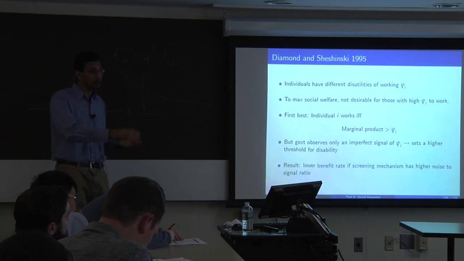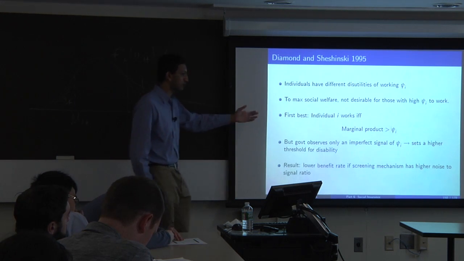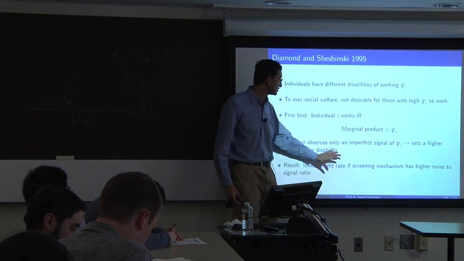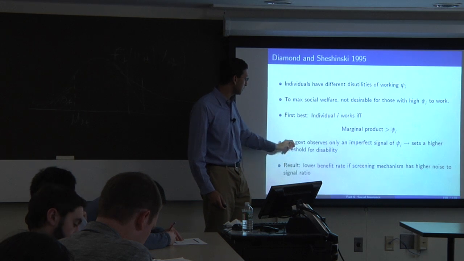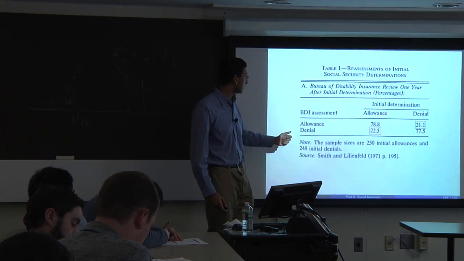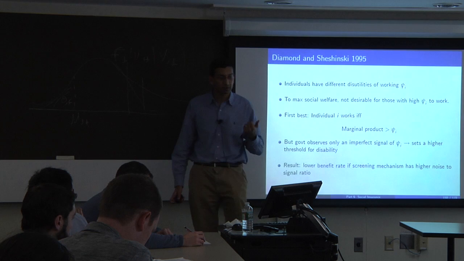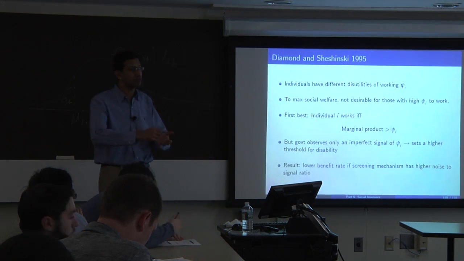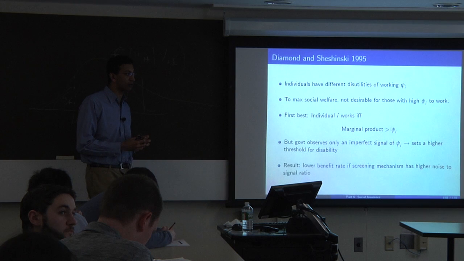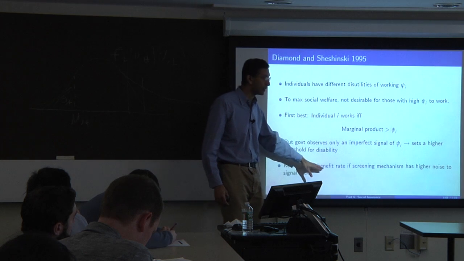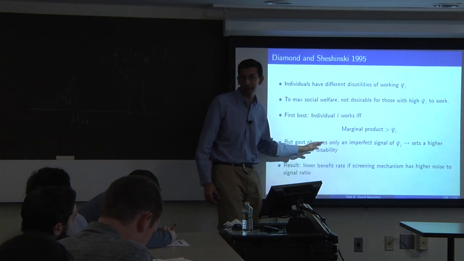And you can see that if you can perfectly figure out who's disabled and who's not, then you converge to the first best, right? So what I think would be interesting is to figure out if you can tie these measures of type 1 and type 2 errors and the types of elasticities of how DI affects claiming behavior and employment rates to a prediction about what the optimal benefit should actually be.